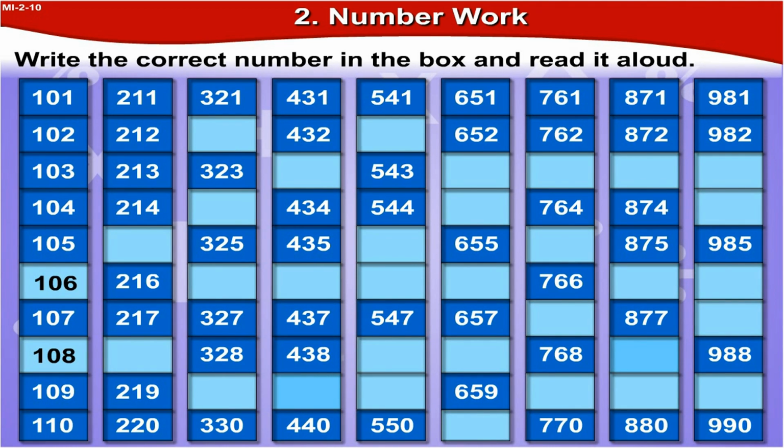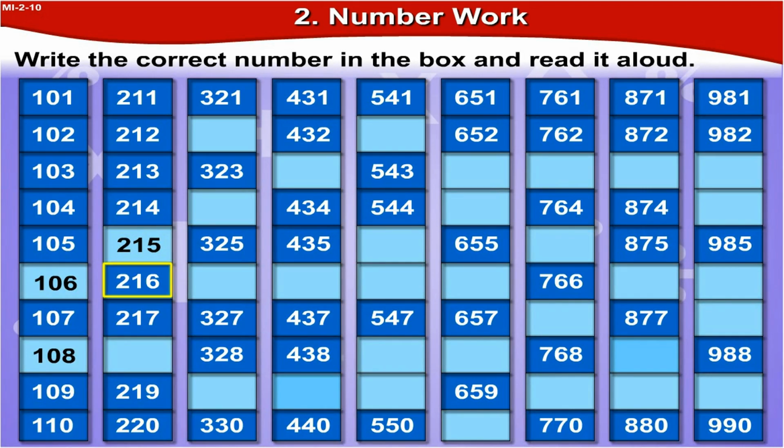Now, the next column. 211, 212, 213, 214. Box. After 214, we have 215. So we will write 215, that is 215 in the box.